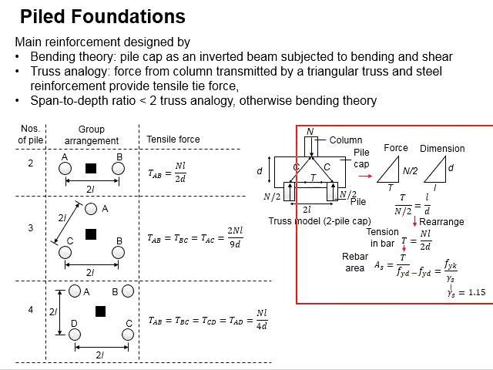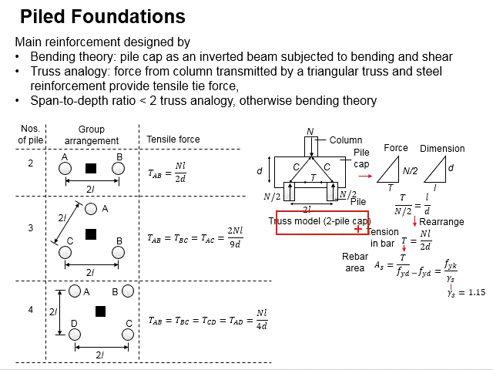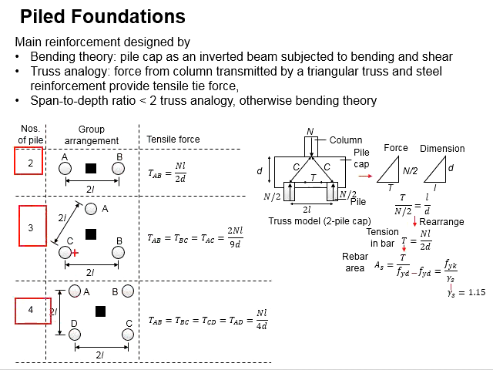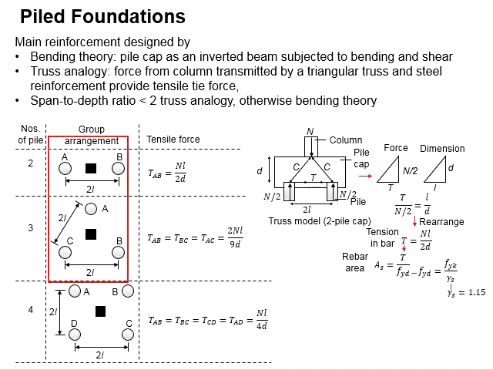This derivation here is meant for the Truss model of two piles, which is this. This diagram here represents the pile groups of 2, 3, and 4 piles, and the arrangement of the piles in respect to the columns are given here.